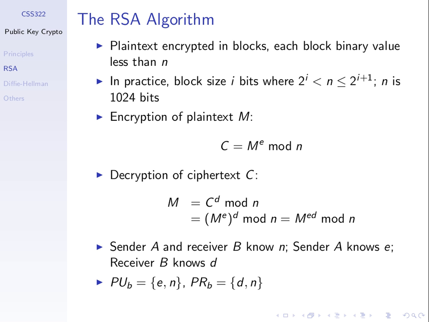The public key is a pair of numbers, and the private key is a pair of numbers. But only one of those numbers in the private key is actually secret, because the public key is some number, which we'll say some value E, and some number N. The private key is some other number, D, and the same value of N. That is, these numbers are the same. So really the only thing that's kept secret here is this number here, D, in our example 23.